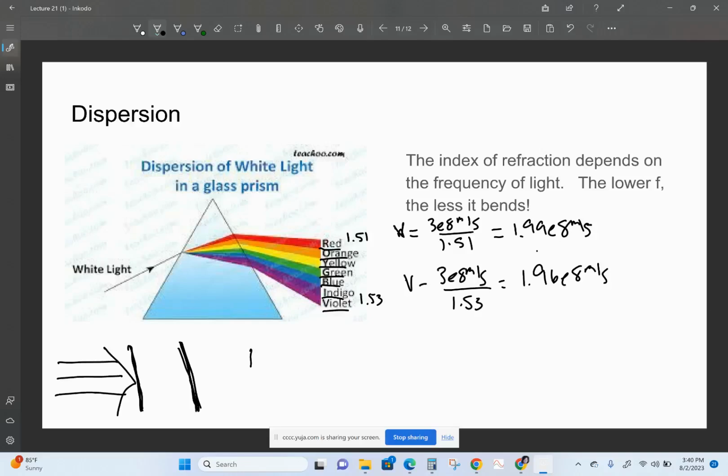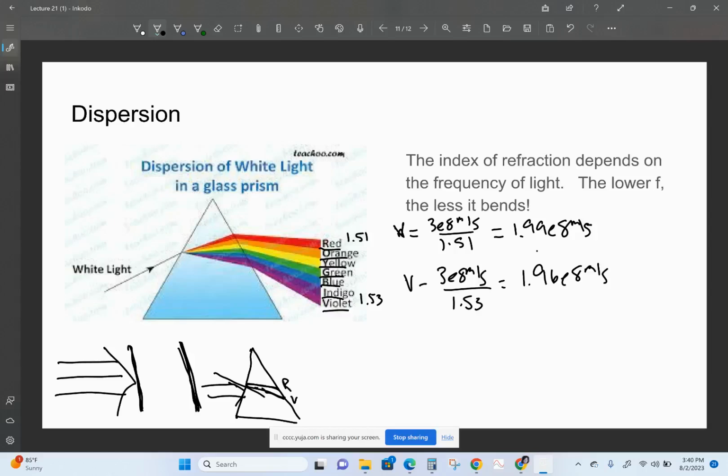But if we were to change the geometry a little bit, and now we put white light in, when these bend, you can accentuate the difference between the bending, and you'll see that red pops out first and then violet's the last. Well, actually, violet pops out first and red is the last. Violet bends more than red light.